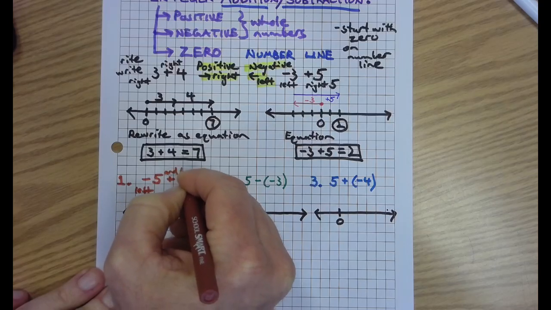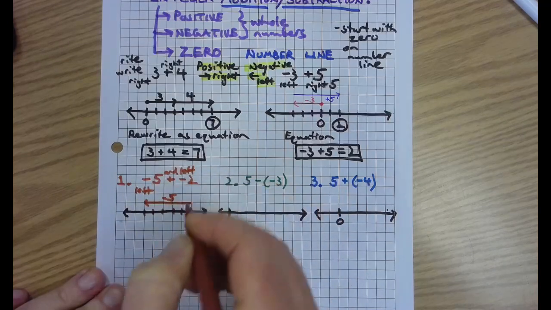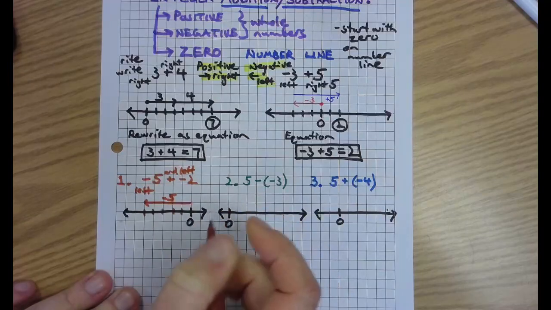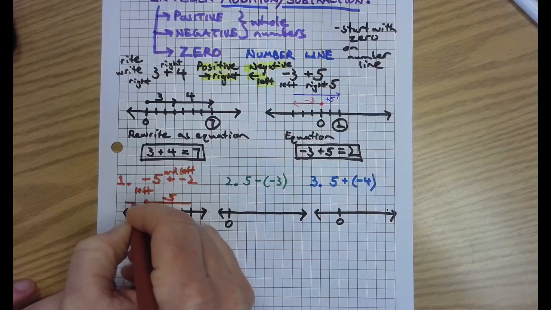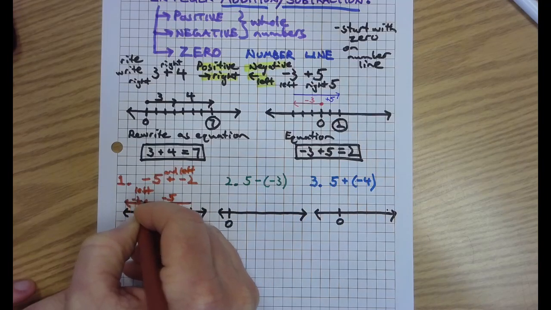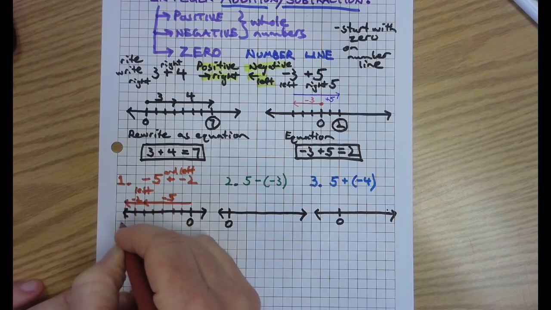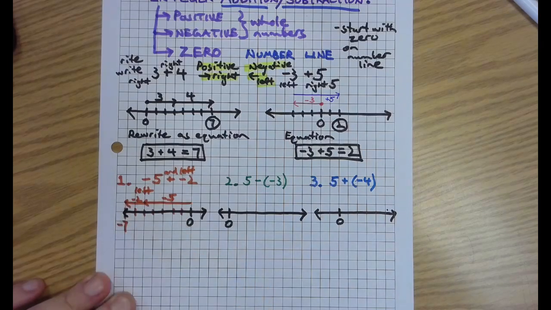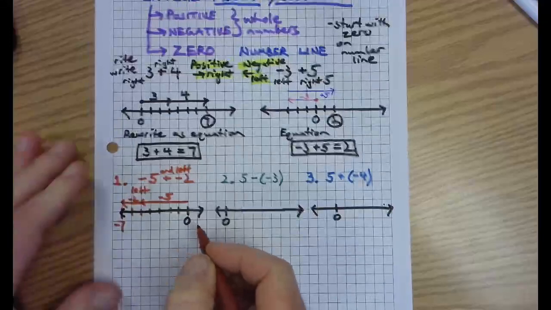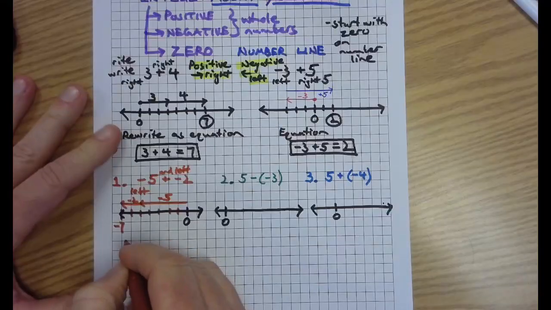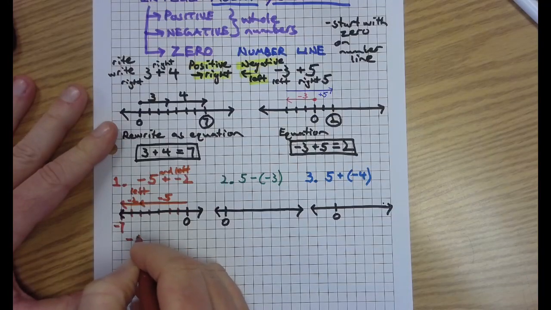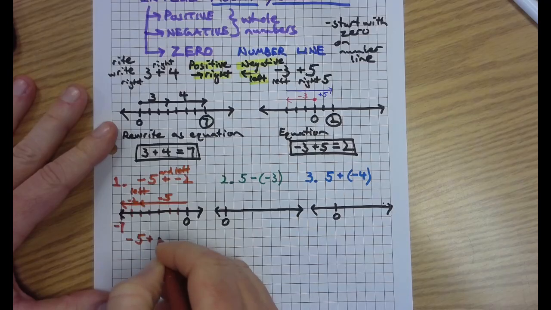This one I'm going to put the 0 kind of in the middle. Just planning ahead. Okay. So first one, we're going left 5. 1, 2, 3, 4, 5. And left. We're doing some new language here, maybe, just a little bit different. Left 2 more, which lands us at left 7. So I'm going to write the equation. I went left 5 and left 2.